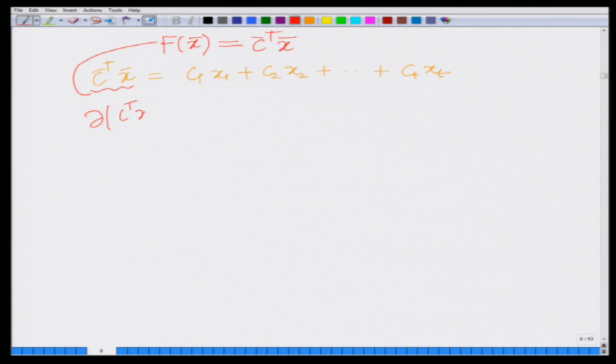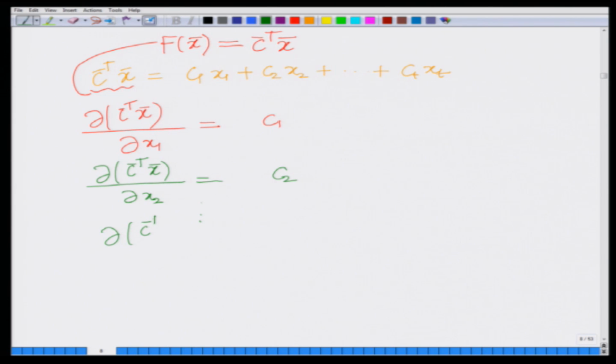If I differentiate c bar transpose x bar with respect to x1, I can observe that it is the derivative of this summation with respect to x1, which is equal to c1. Similarly, derivative of c bar transpose x bar with respect to x2 is equal to c2, so on and so forth, derivative with respect to xt is equal to ct.